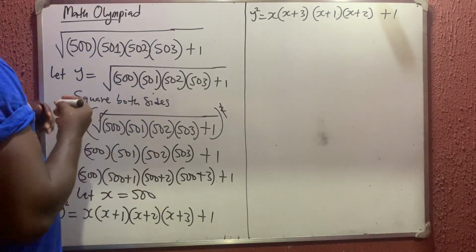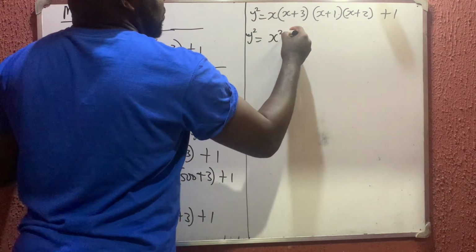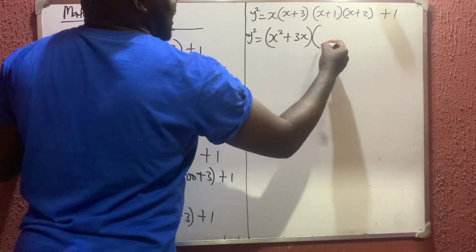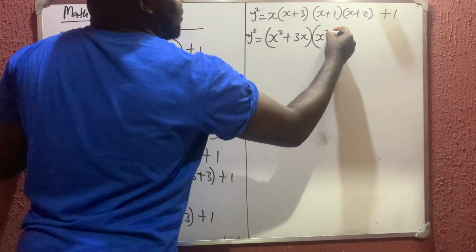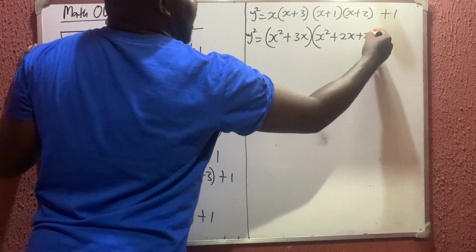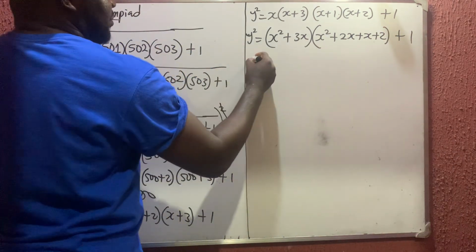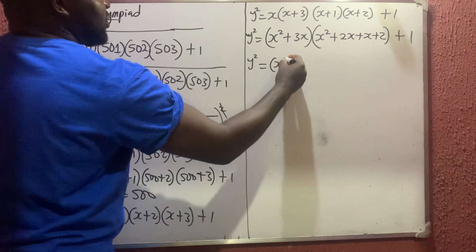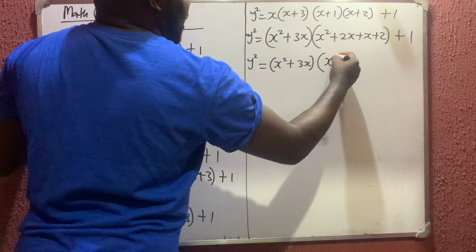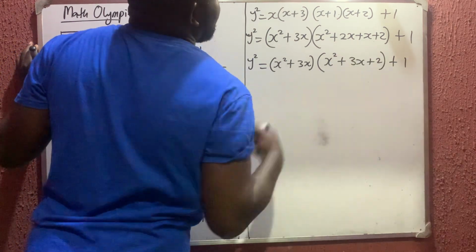Now let us clear the brackets. I have y squared equal to x squared plus 3x, multiplied by, let me multiply these two: x squared plus 2x plus x plus 2, then plus 1. This is the same as saying y squared is equal to x squared plus 3x, in bracket of x squared plus 3x plus 2, then plus 1.